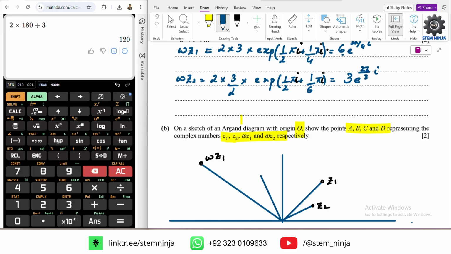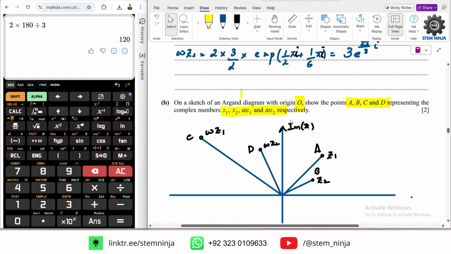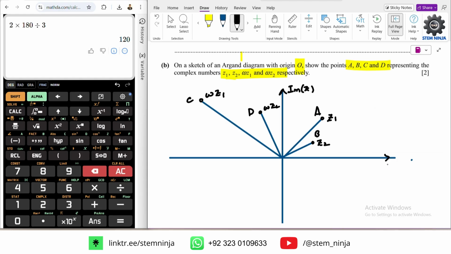So this is your omega z2. So this is your A, this is your B, this is your C, and this is our D. This is your imaginary axis. This is our real axis. This is our origin.